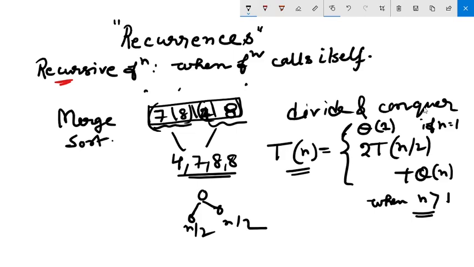So this is how the merge sort algorithm can be represented as a recurrence relation. This is the terminal case when n equal to 1.